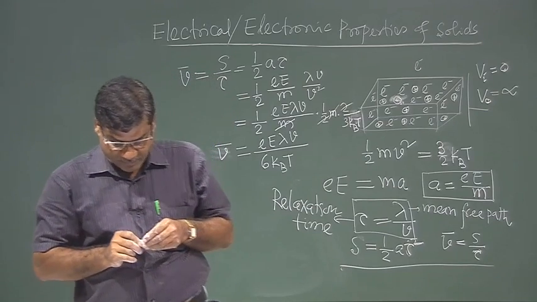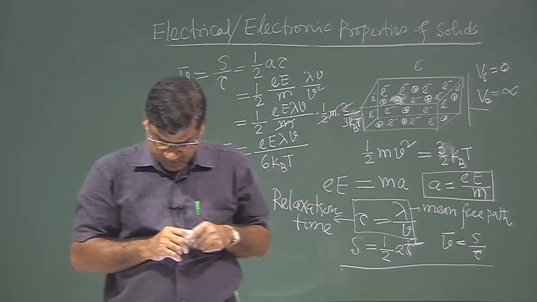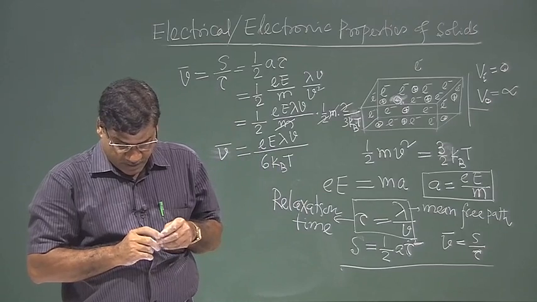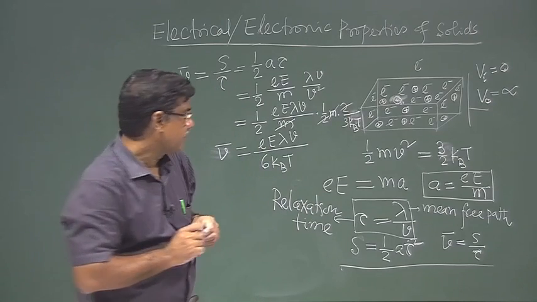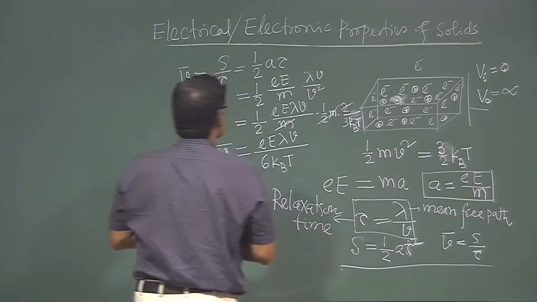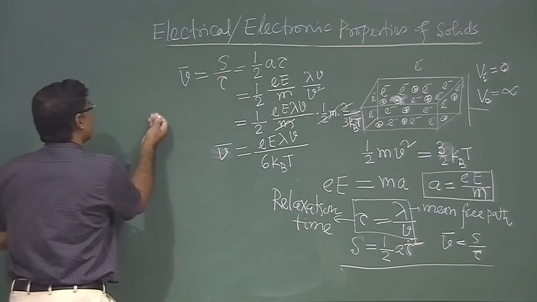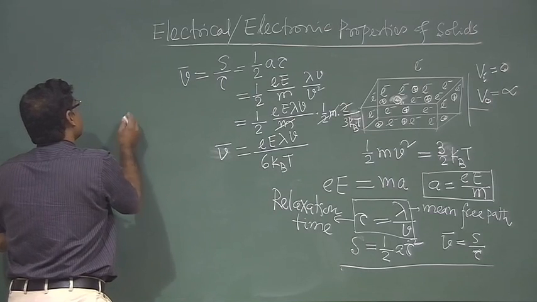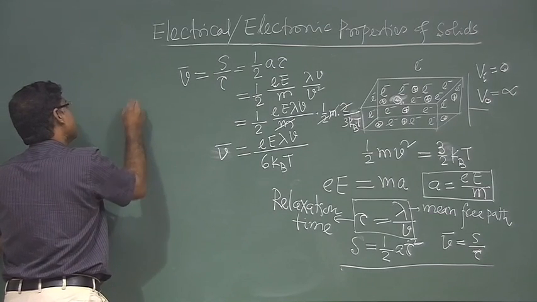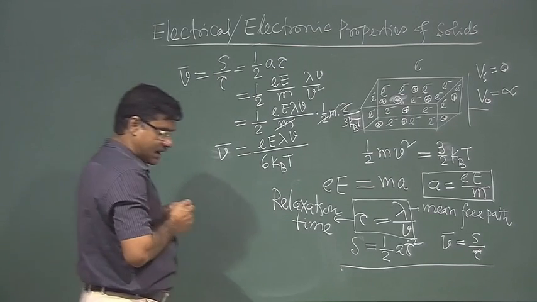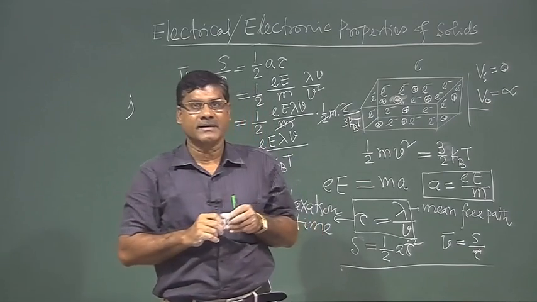So, now we can define the current in terms of known parameters. So, current density J. What is current density? What is current?